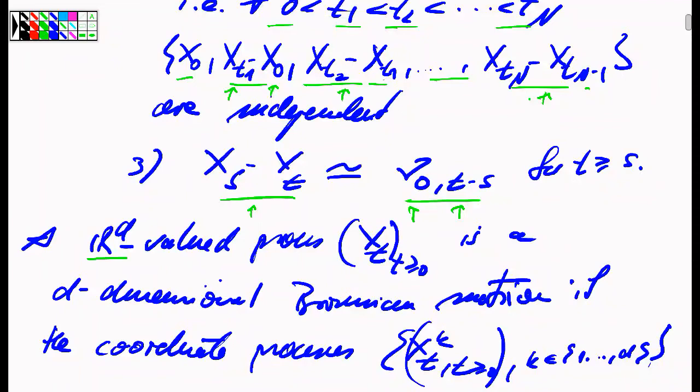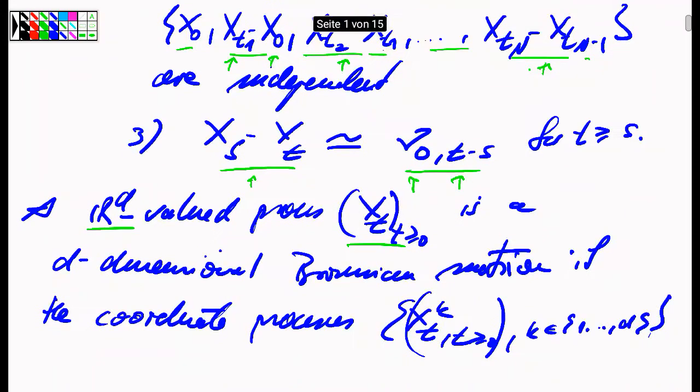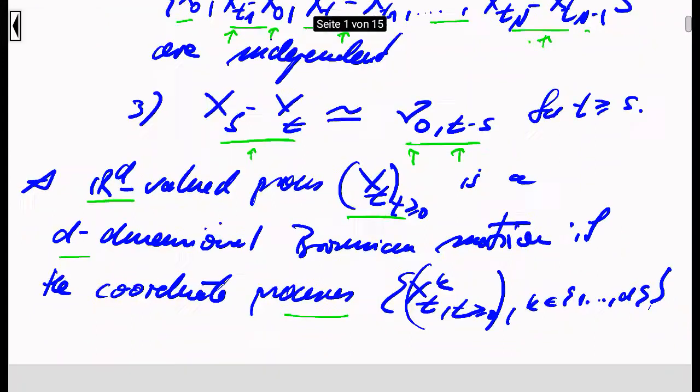Now, if we are dealing with vector-valued processes, for instance, an R^d-valued process X_t, then such a process is called a vector-valued or a higher dimensional Brownian motion in dimension d if the individual coordinate processes of this d-dimensional process, so you have d individual coordinates, which you can evaluate separately, are each alone Brownian motions, and you want that the coordinate processes are independent.